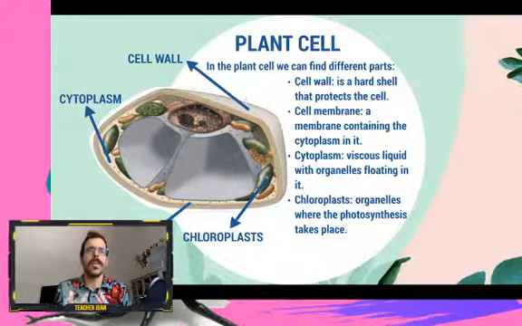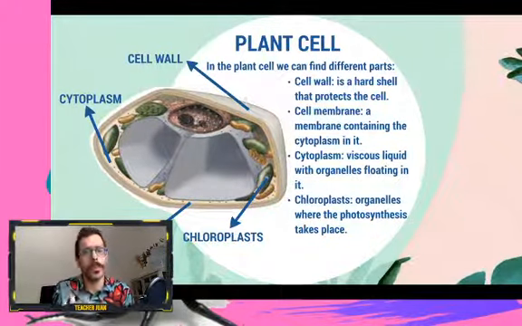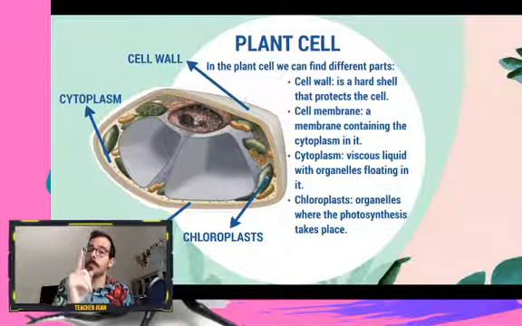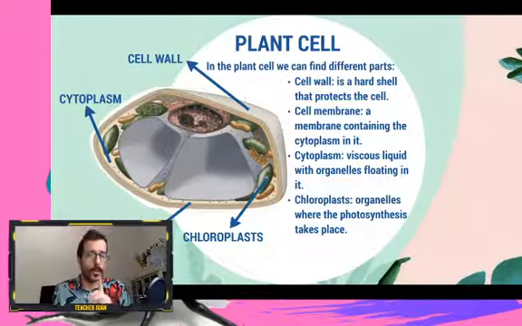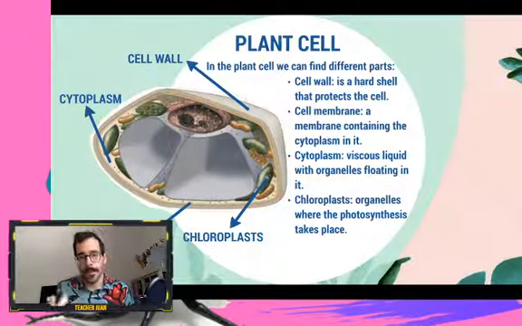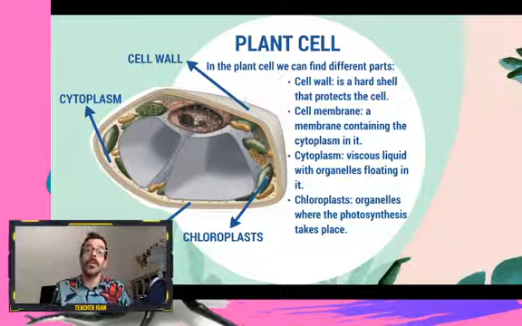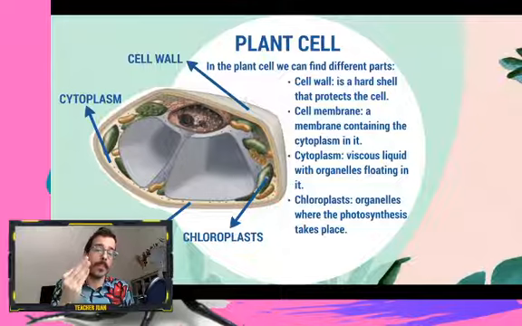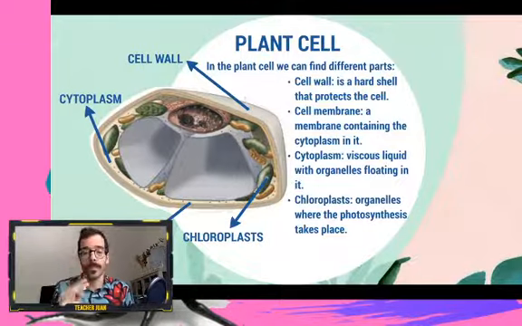Chloroplast. I know it may be a difficult word, but you have to know it, okay? Important. And in the center of the cell, you're going to find the nucleus as well with the genetic material. That's important too. So, plant cell with cell wall, cell membrane, cytoplasm, and chloroplasts.